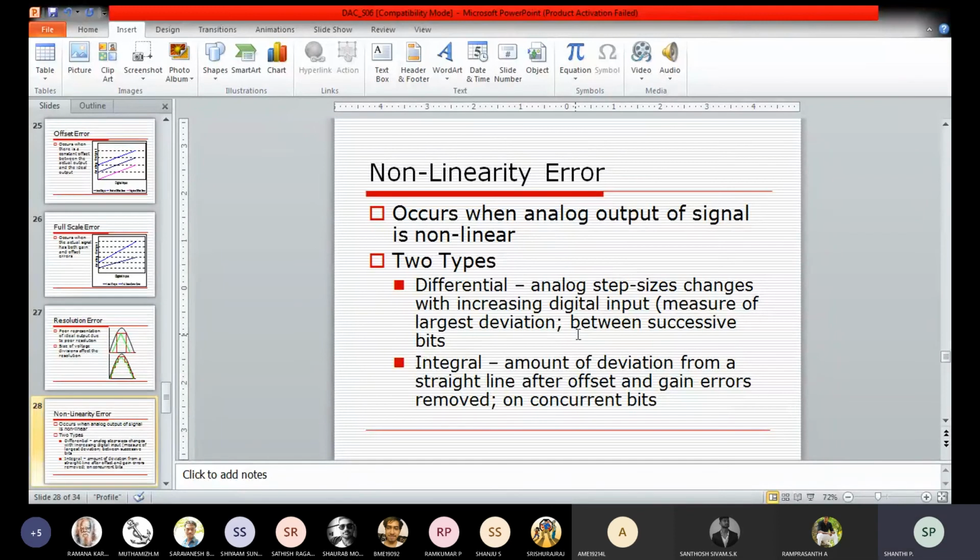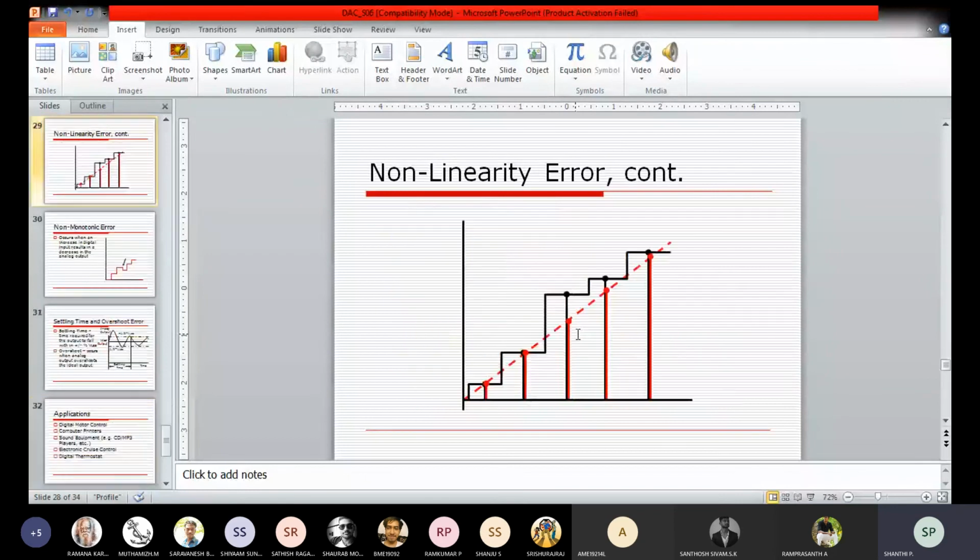Differential analog step sizes may increase depending upon the input signals. Integral means the amount of deviation from a straight line after the reset.